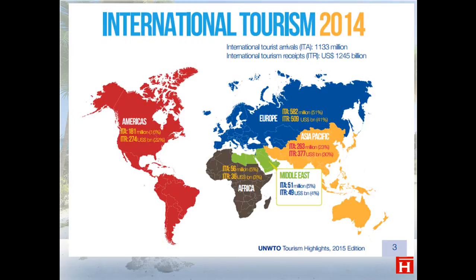International tourist receipts, that means the amount of money that a country or a region will receive as a result of tourism activities. So back in 2014, Europe was number 1 in both categories, meaning that as a region, Europe would receive the largest number of tourists and the largest amount of money from tourism.